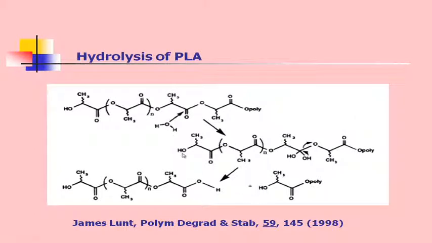This shows a scheme of the reaction which occurs during hydrolysis of polylactic acid. This contains an ester group. This is the reaction showing how it degrades. Ultimately, this is the product of degradation. So, after fragmentation, small length species will be formed, which will be easy for the microorganisms to metabolize.